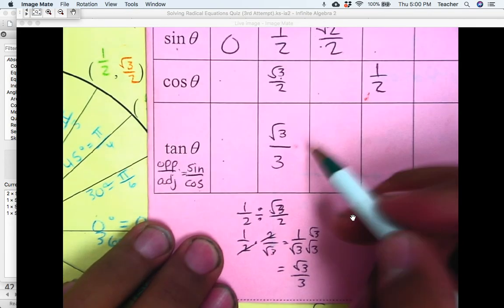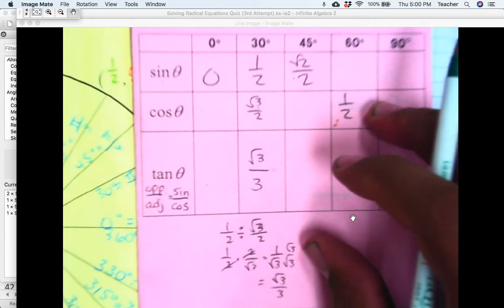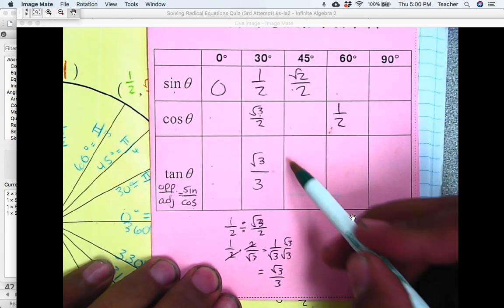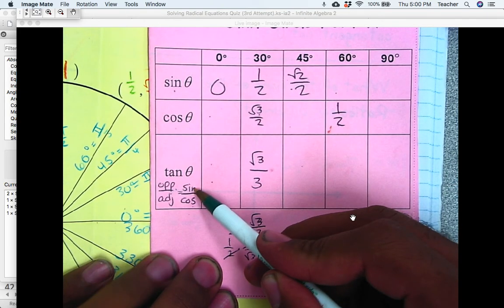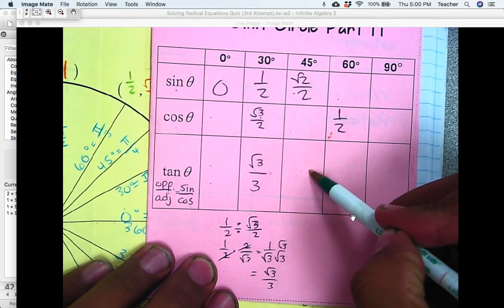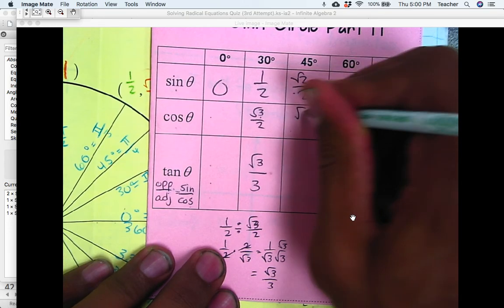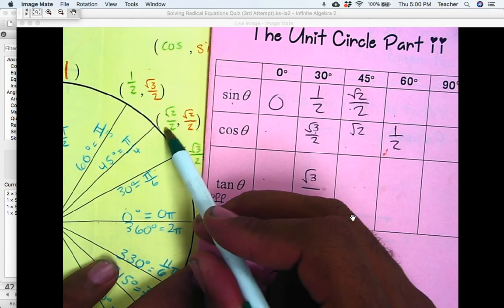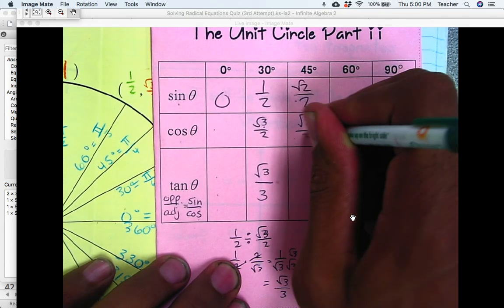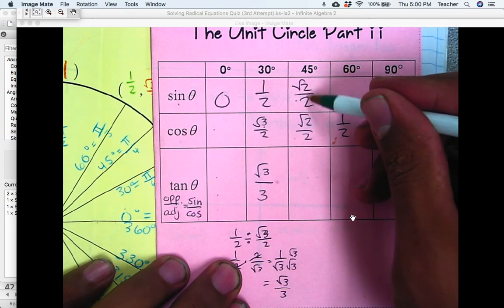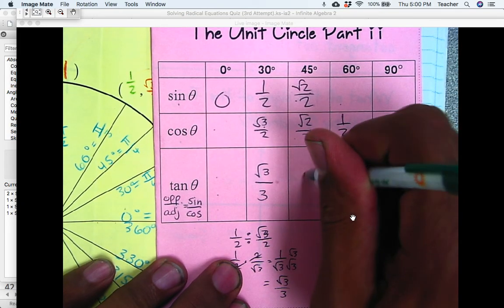That's how we figure out the rest of these. I'll do one more for you. Again, sine over cosine, 45. I know that at 45 degrees they're both rad 2 over 2. So if it's sine over cosine, this over this equals 1.